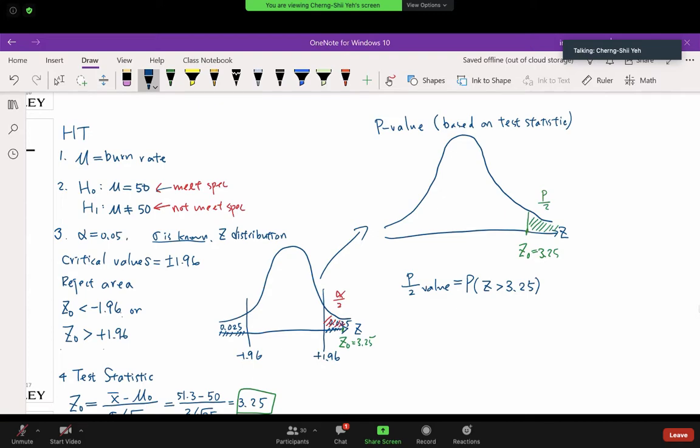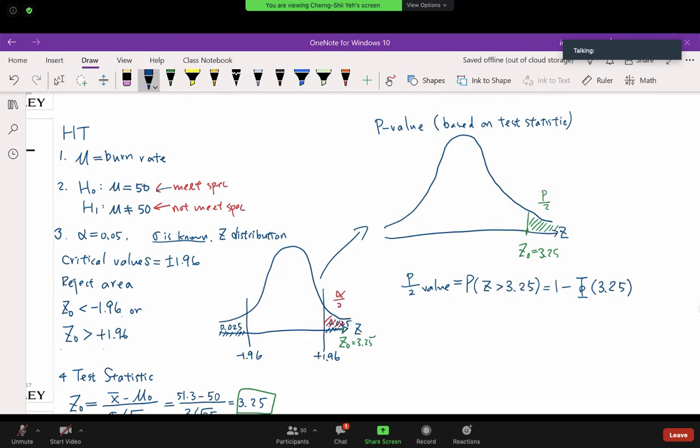Just because we move on from chapter 4 doesn't mean we will not use the probability we learned from there. How do we calculate this value? I am going to use 1 subtract the cumulative probability from negative infinity all the way to 3.25.